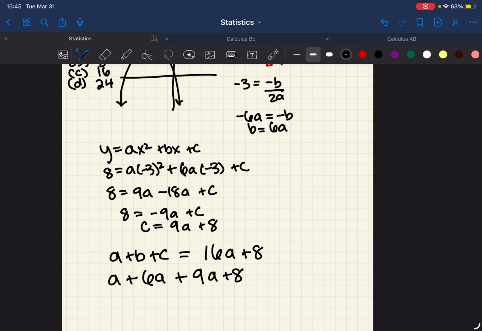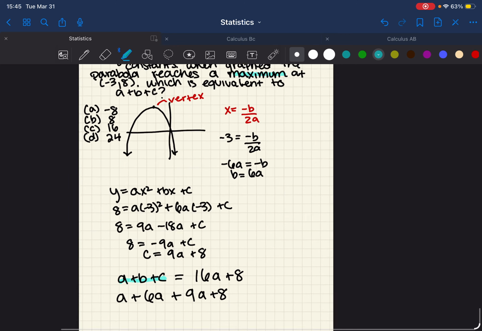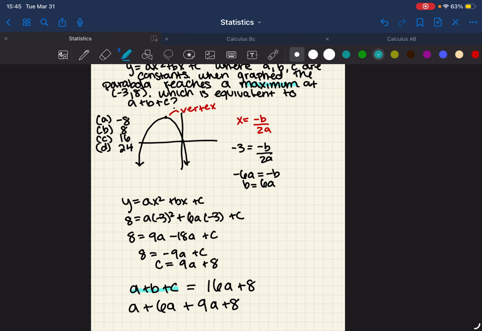Remember, this entire thing is going to match up with one of our answer choices, A, B, C, or D. So the next thing I need to acknowledge is that since my parabola is upside down, and I know that because it says reaches a maximum value, my a value, in order for it to be upside down, has to be negative.